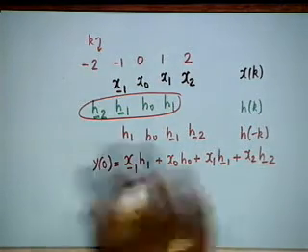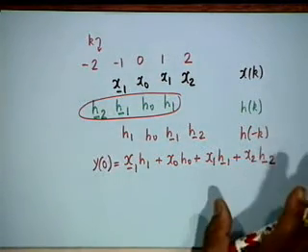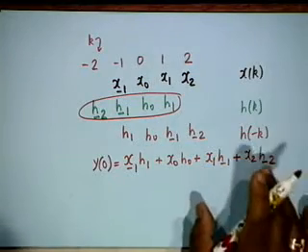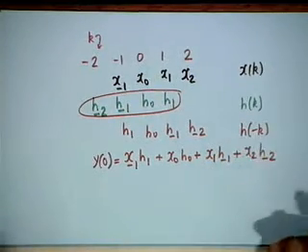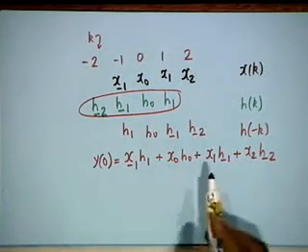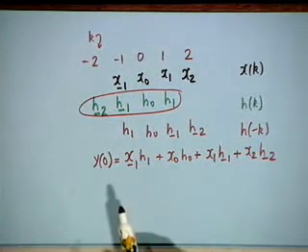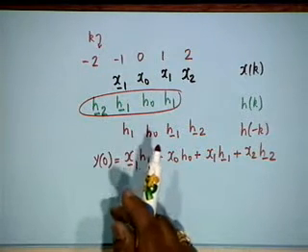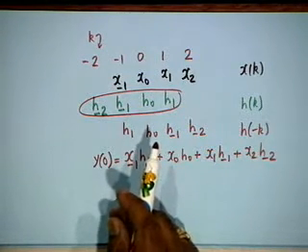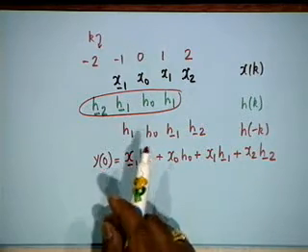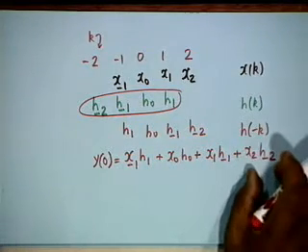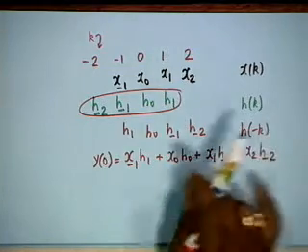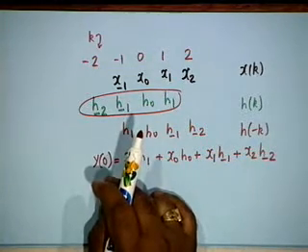There will be 4 terms, no other, because there is no other signal, neither signal nor the impulse response. Notice that the sum of the two subscripts is equal to the argument of y. This should always be the case. It is a running check. If you have a term here whose subscript addition does not give the argument of y, then you have made a mistake.